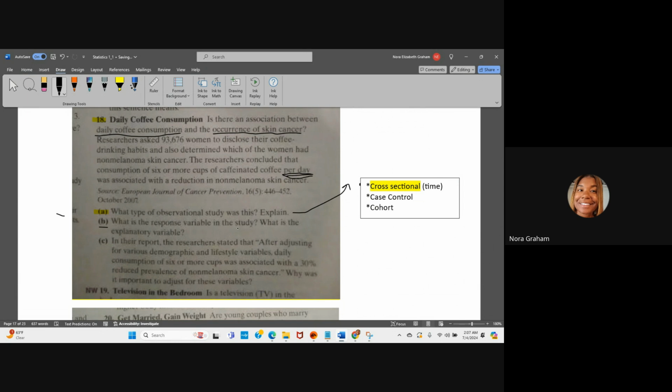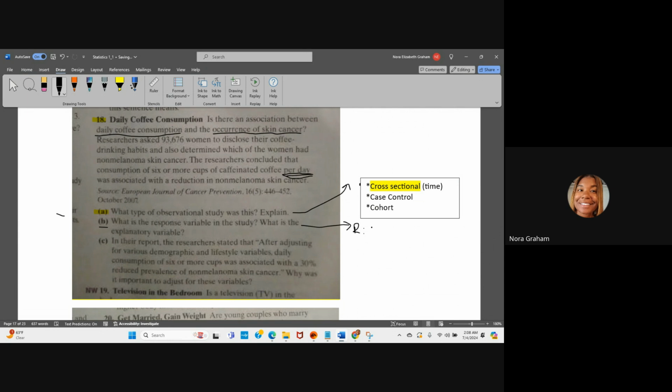Like in my last video, I used the example of the plants. You have plants and you want to study how they're growing based on a fertilizer. How they grow is the response, and the fertilizers would be the explanatory of why they grew. All right. So in this case, the response, and I'll put R for response, the response variable is going to be skin cancer.